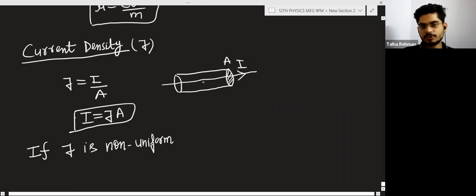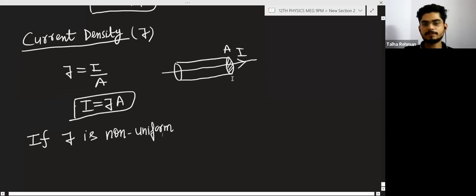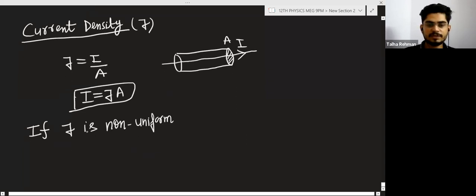As we move from here to here, the current density is changing. If the current density is the same, it will not change along the length or cross section. If J is non-uniform, then you can calculate the current with the help of integration.